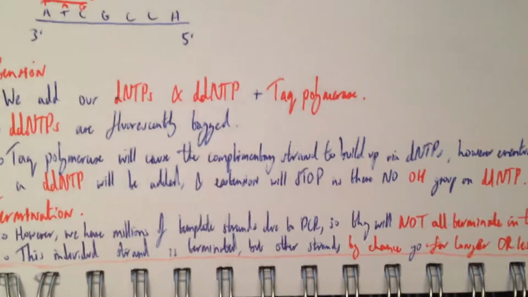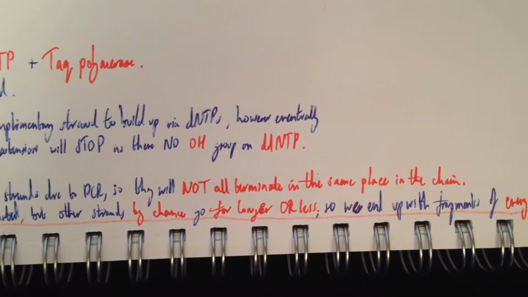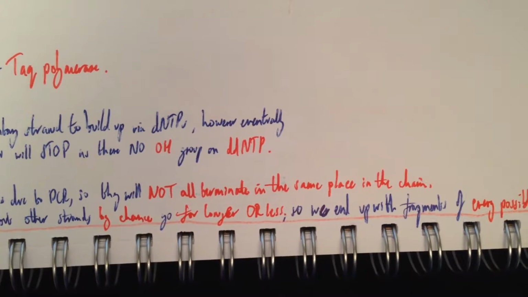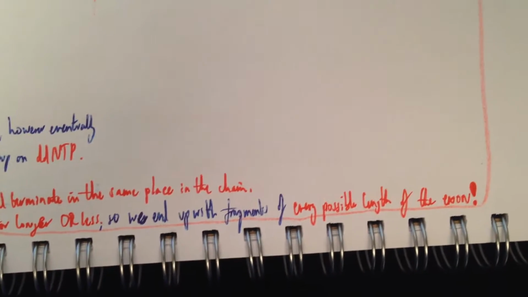If you just go back a section, because I'm jumping ahead, the individual strand is terminated, but other strands by chance will go on for longer, or will even go on for less. So we end up with fragments of every possible length of the exon.